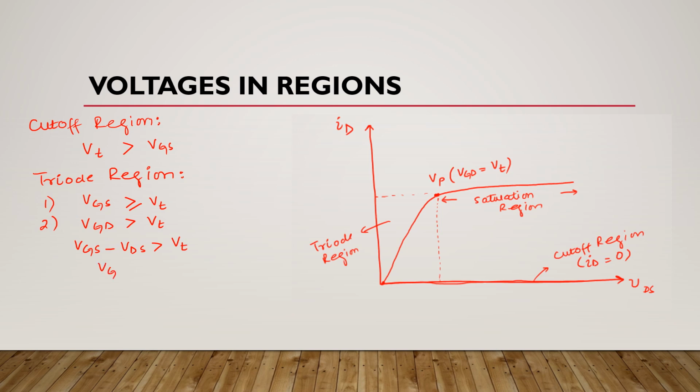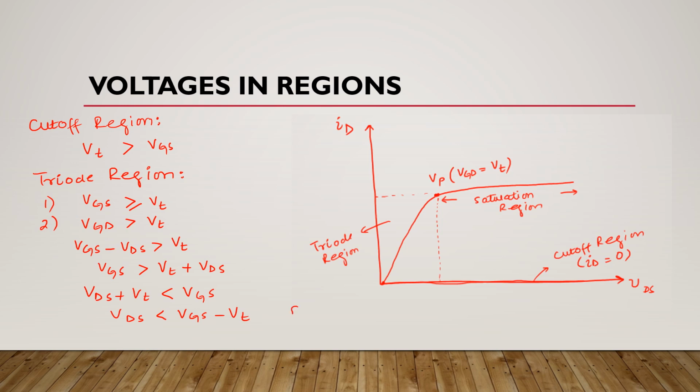It can be written as VGS is greater than threshold voltage plus drain to source voltage, and if we rearrange this equation, it becomes like this.